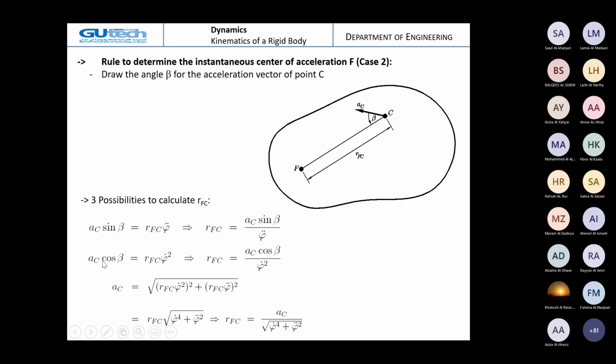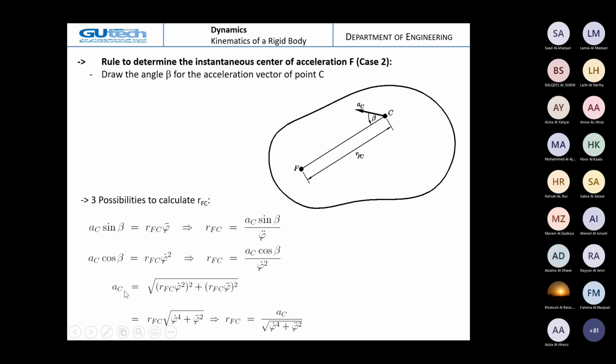Now there is the second relation, the tangential one: AC cosine beta is RFC phi dot square. Then we get RFC from this relation as a function of phi dot square, and here as a function of phi double dot.